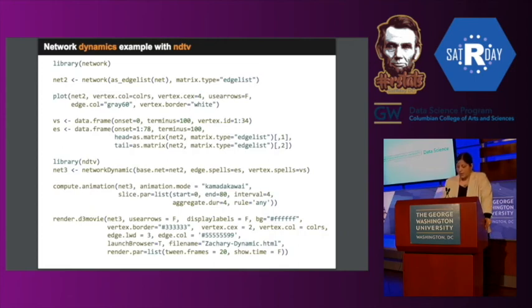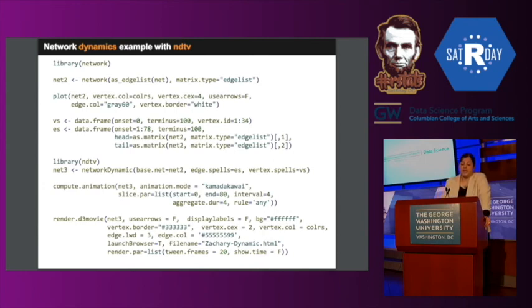Next, we can use this pretty fancy library called NDTV for visualizing dynamic networks. It will take our initial network the way we already had it, and then it will take those dynamic timestamps. We'll feed it the data frame of times for the edges and for the nodes in the network.